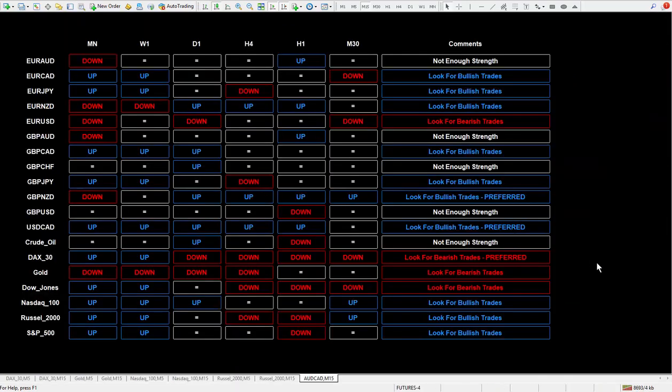Before we get into that first trade, let's take a look at my daily trade plan. It analyzes from the monthly down to the 30 minutes. After some calculations within the comments here, it'll say look for bullish trades or bearish trades. Sometimes it's just not enough strength, and of course, sometimes it'll be preferred.